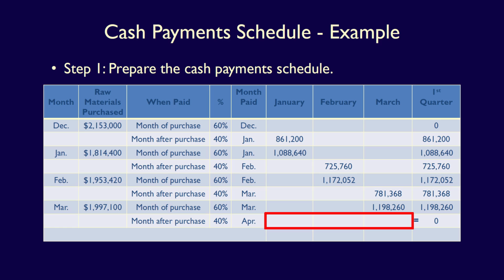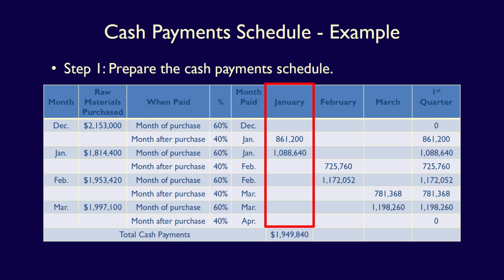What do we do now? We need to add the total cash payments for every single month. So I start by adding the January column. $861,200 plus $1,088,640 is equal to $1,949,840.